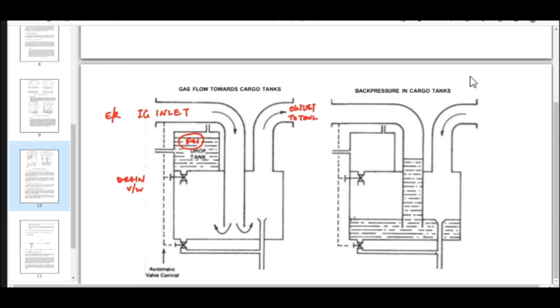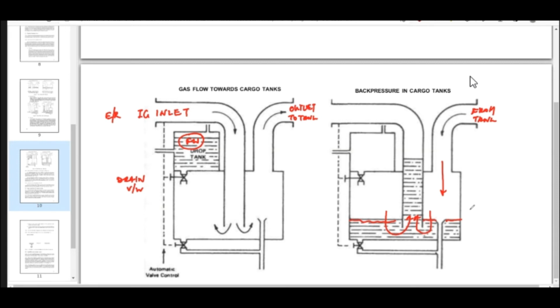Under normal circumstances, this is what is going to be maintained. Now, if there is any leakage of inert gas or flammable vapors from the tank and the pressure increases here, then this pressure is able to push the liquid column inside. That is how, again, a seal will be maintained, right?